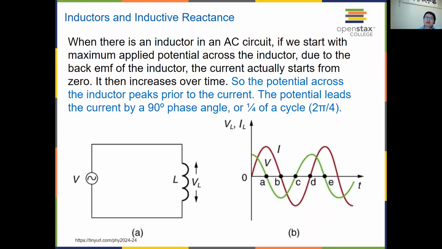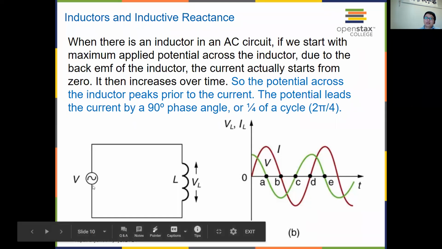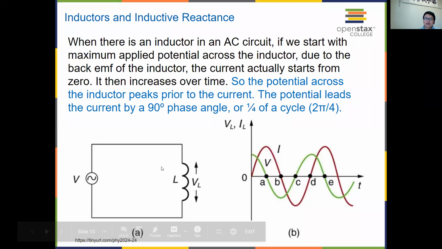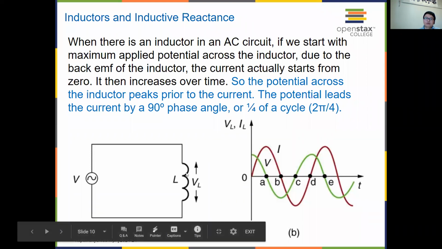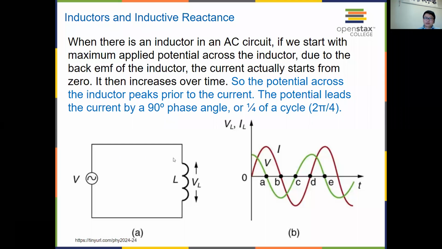Now let's take a look at inductors, and then we'll look at the capacitor later. For an inductor, if you supply AC power to it, as we mentioned earlier, the inductor will oppose the change of the current, because there will be current going through it.